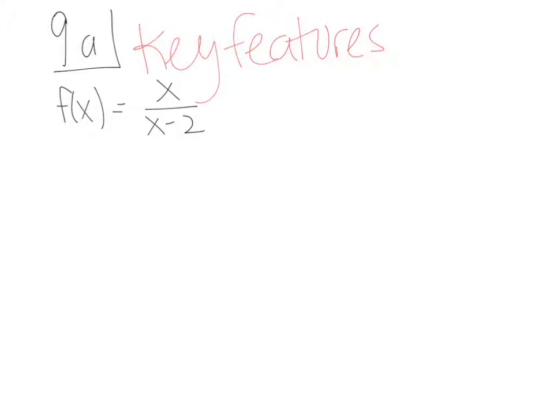All right, we've been asked to identify the key features for this function, x over x minus 2. We know from the bottom, the x minus 2, that's going to give us our vertical asymptote. So our vertical asymptote is x = 2. For our horizontal asymptote, we need to divide every term by x, and we end up with x over x, and minus 2 over x.